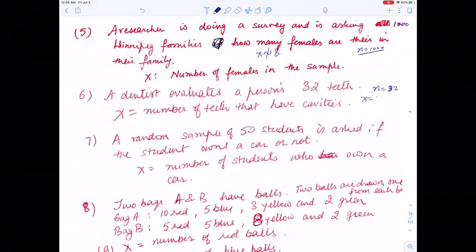So X is either 0 teeth have a cavity, or 1 or 2, or all the way up to 32. Correct. In each trial, that is in each tooth, the question is either it has a cavity or it doesn't. Right? So that means only 2 possible outcomes in each trial or each tooth.